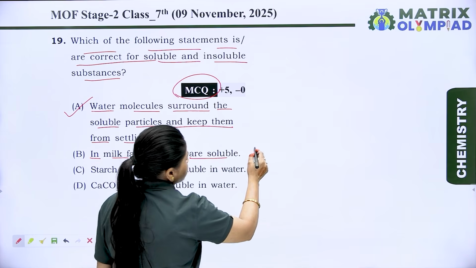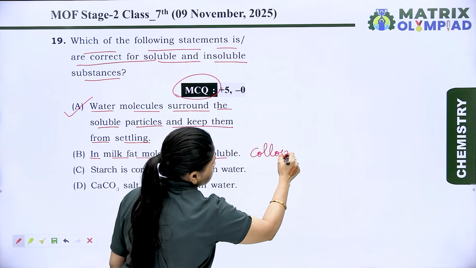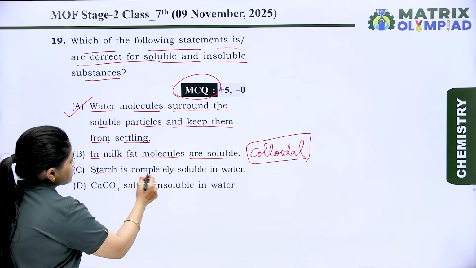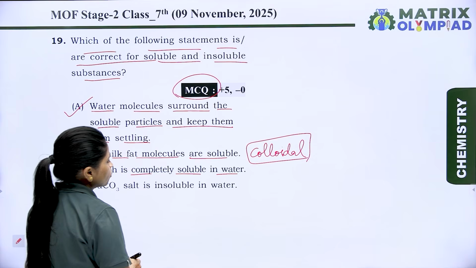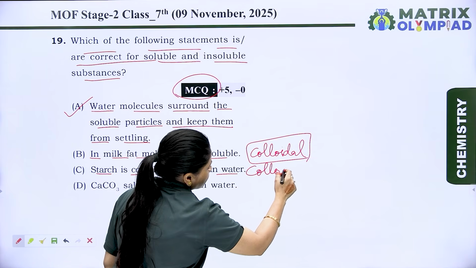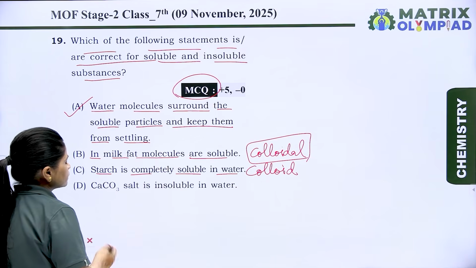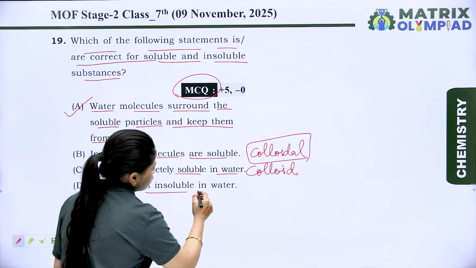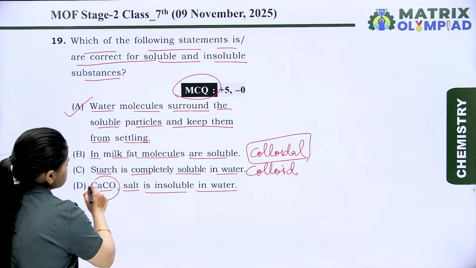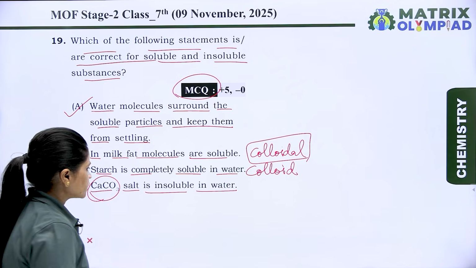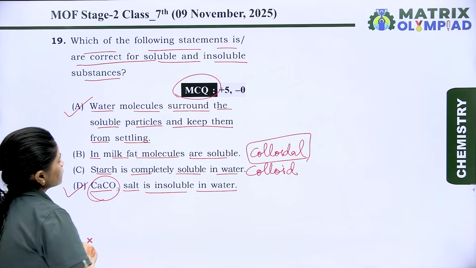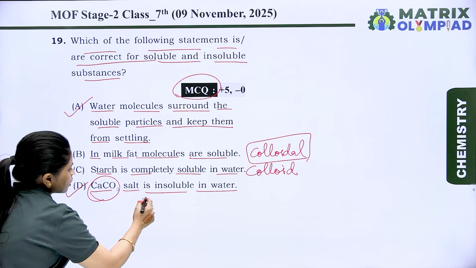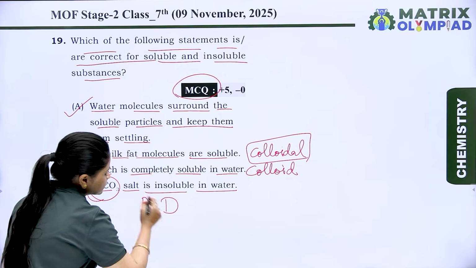No, fat molecules are dispersed and form a colloidal solution. Starch is completely soluble in water. No, again it forms a colloid. So this is again incorrect. Calcium carbonate salt is insoluble in water. Yes, CaCO3 is insoluble in water. So this is again correct according to the question. So there are two correct options, option A and option D.